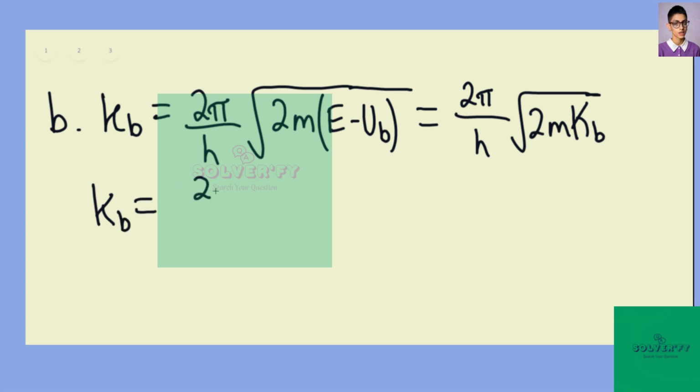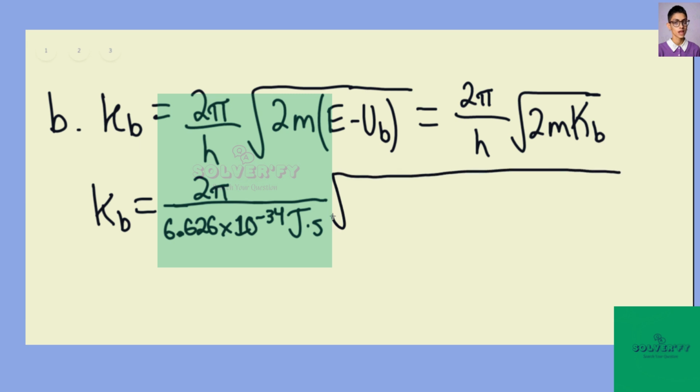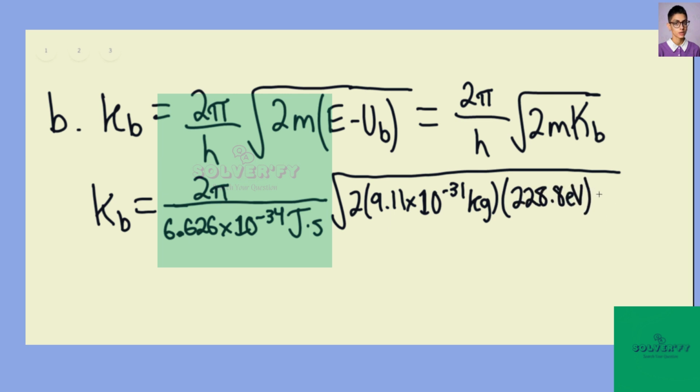k sub B would be equal to 2 pi divided by 6.626 times 10 to the negative 34th joule seconds, and this would be multiplied by the square root of 2 times 9.11 times 10 to the negative 31st kilograms, multiplied by 228.8 electron volts, and then this would be multiplied by essentially 1.6 times 10 to the negative 19th joules per electron volt.